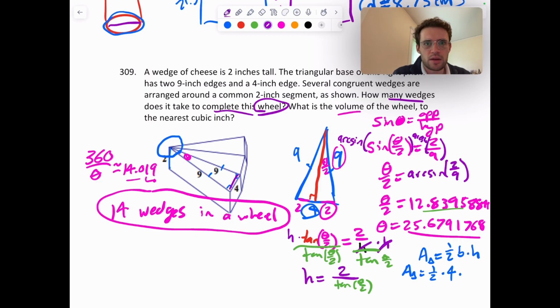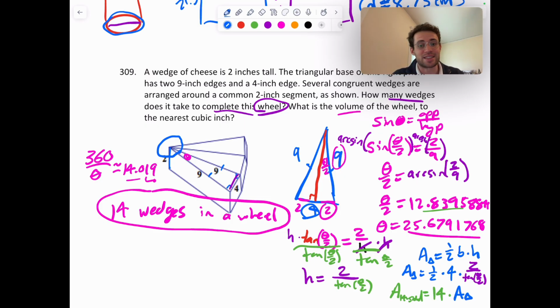And our height we just wrote is 2 over tangent of theta over 2. So we can type that all in. And then once you have that, to find the area of the entire top, the area of this 14-sided shape, it would just be 14 times the area of the triangle.